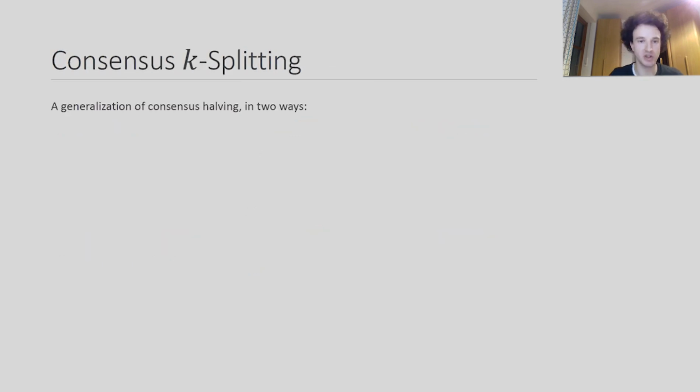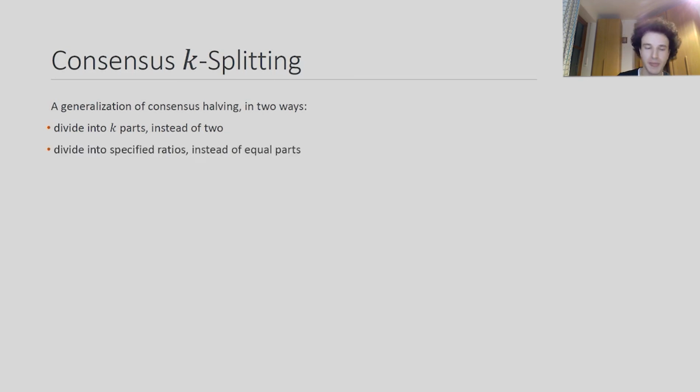Before we finish, let me mention a generalization of consensus halving, which is quite interesting, which we call the consensus k-splitting problem. This is a generalization of consensus halving in two directions simultaneously. First of all, instead of dividing into two parts, you now divide into k parts for any k, for example 3 parts, 4 parts, 5 parts, whatever you want.